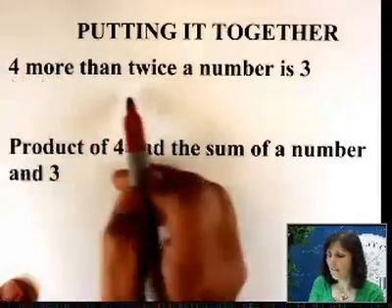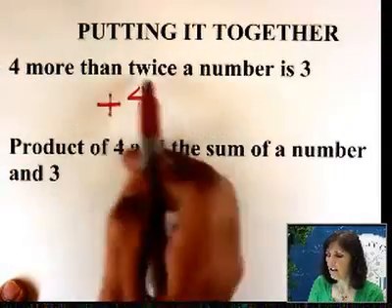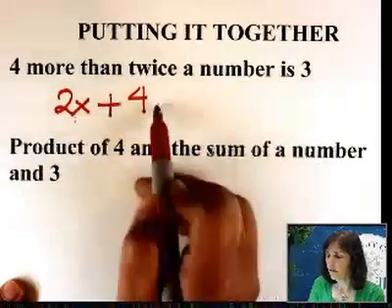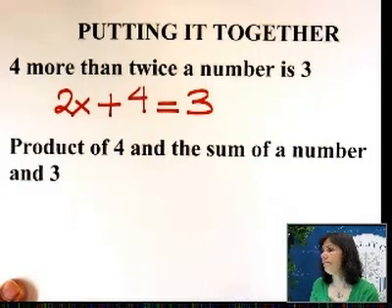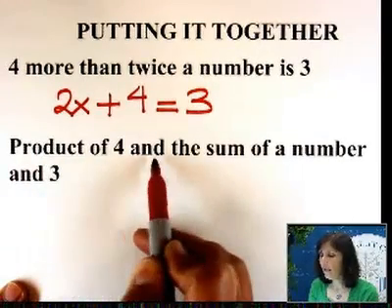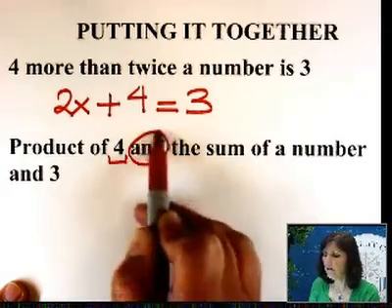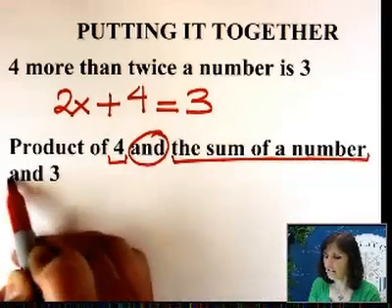4 more than twice a number is 3. Product of 4 and the sum of a number and 3.